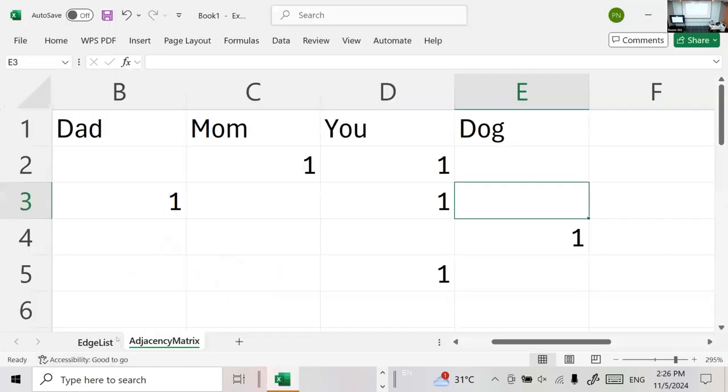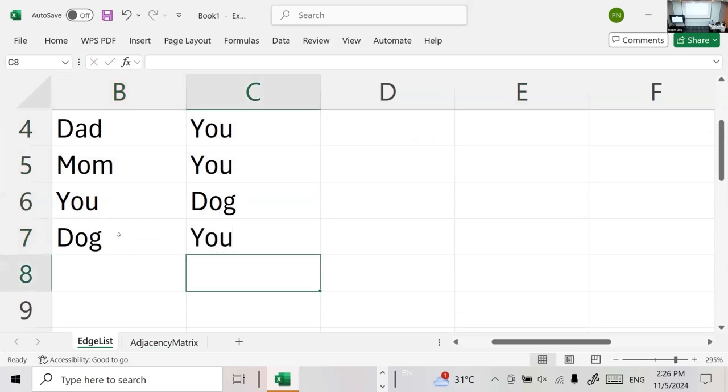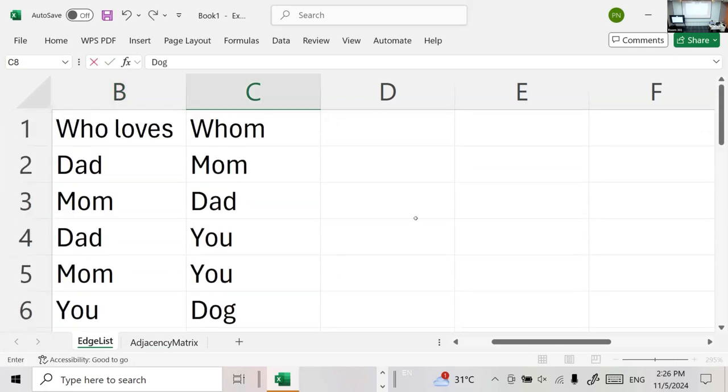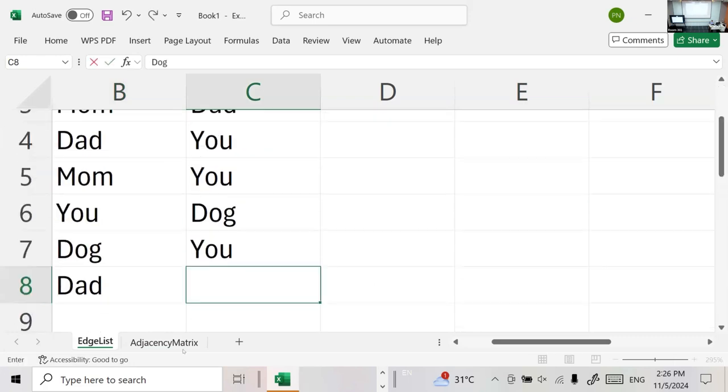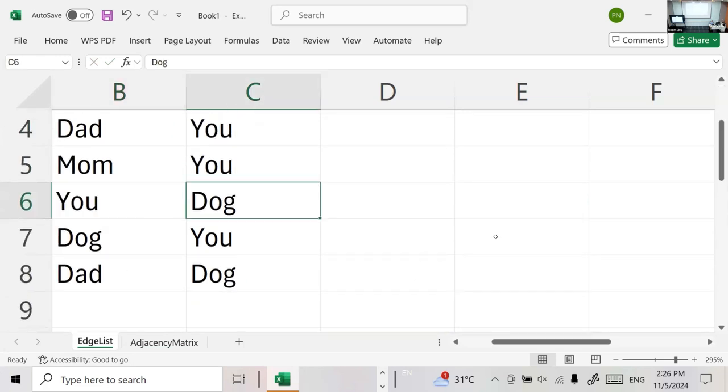So let's add this information. Dog loves you. And what else? Dad loves dog. Okay. So this is called an edge list. This is an edge list, from this to that, from this to that, from this to that. Okay. It's very economical.